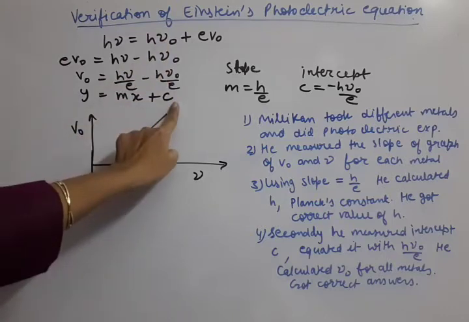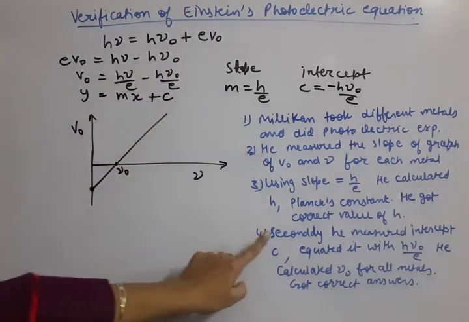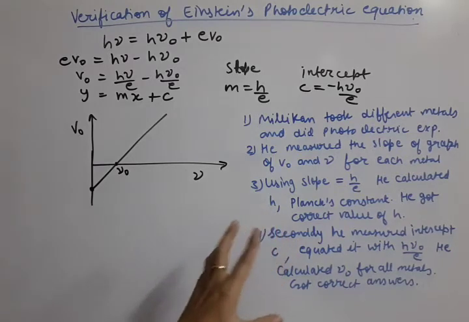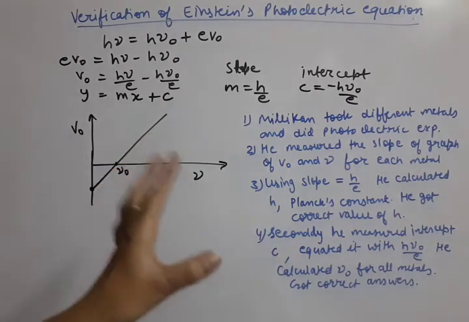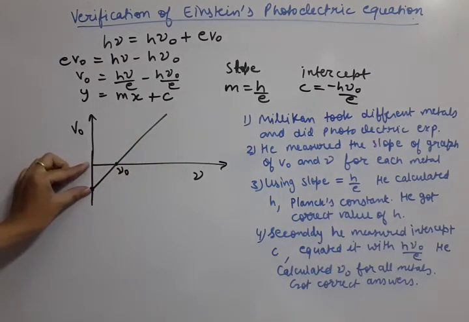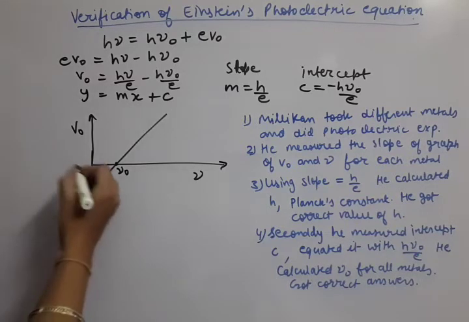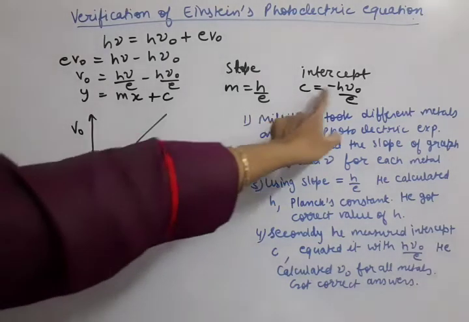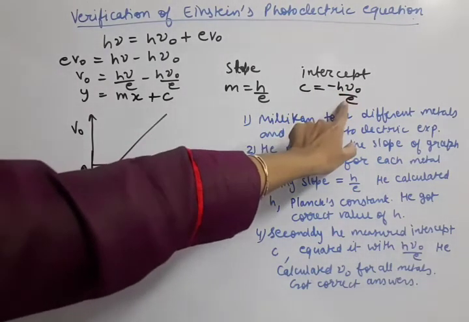Now the second part of the equation is to be verified. So what he did secondly, he measured the intercept c also. You know that for every metal a different graph came. This is called the intercept on the y-axis, so he must have got this value from each graph. Suppose this intercept c is coming 5. Theoretically the intercept is equal to h nu 0 by e.